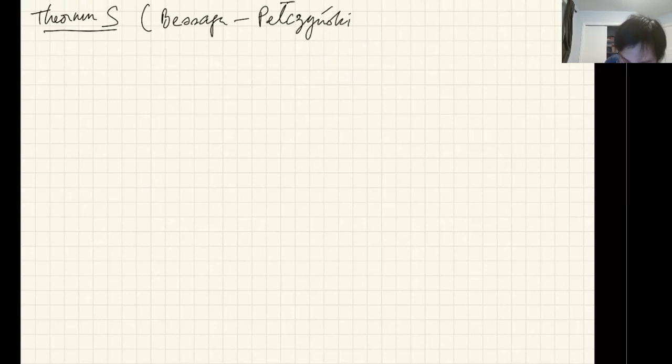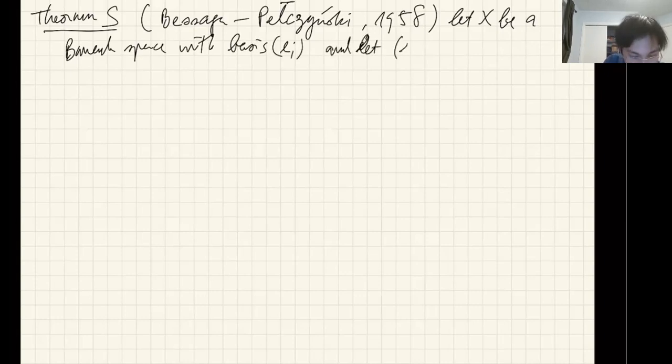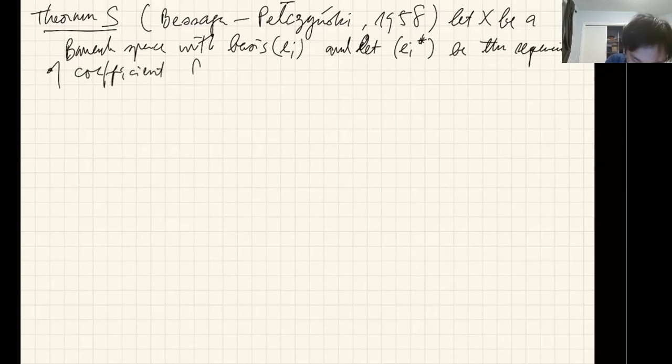So it's Polish names. I think that's an L. Pelczynski, 1958. So let X be a Banach space with basis e_i, and let e_i star be the sequence of coefficient functionals.